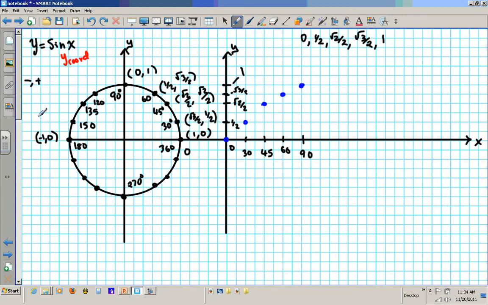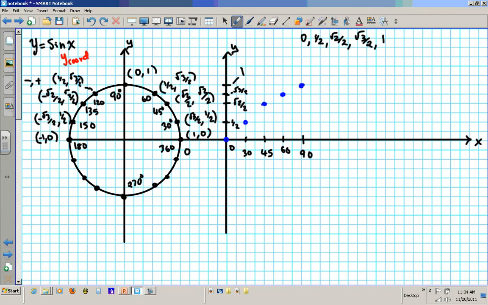So over here, you're going to have negative root 3 over 2 comma 1 half, just like this. And then this one is going to be negative root 2 over 2 comma root 2 over 2. And then for this one, it's going to be negative 1 half comma root 3 over 2.